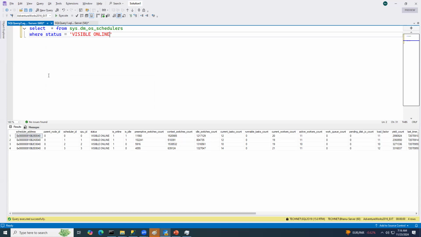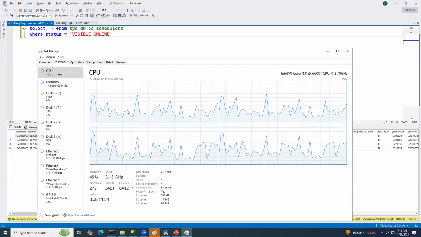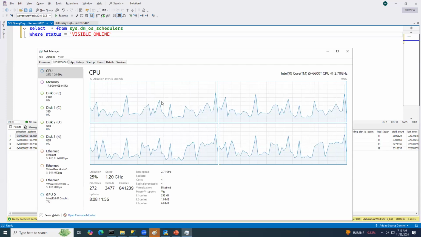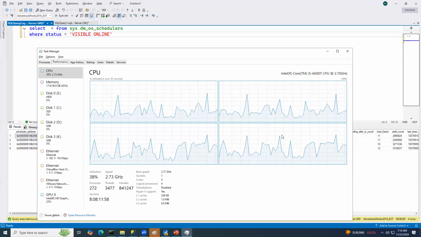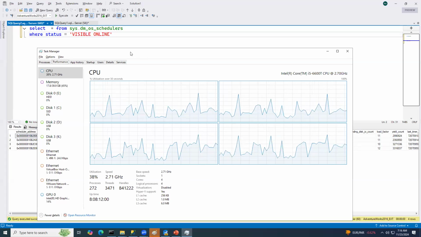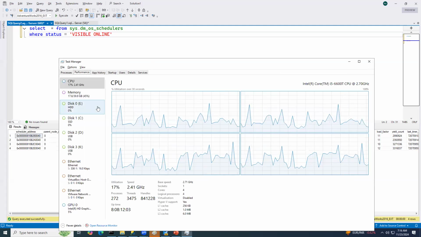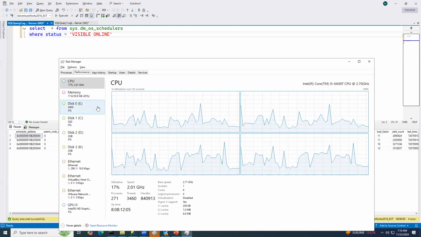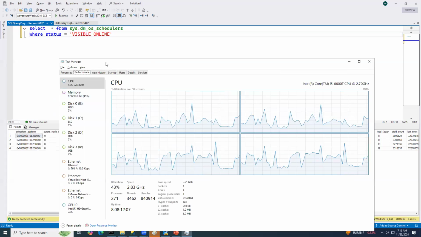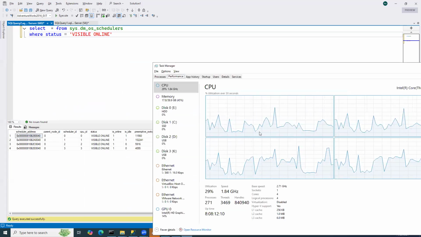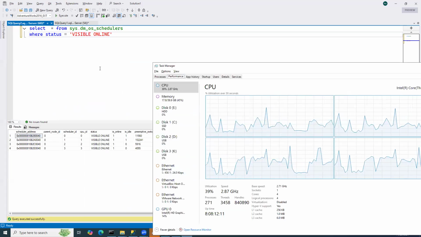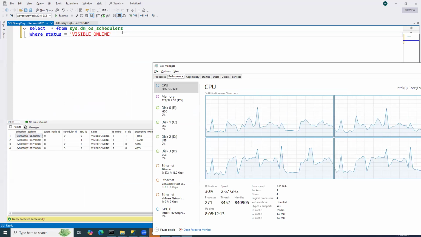For now, understand that whatever CPUs I have in the Windows server, every query executes on the CPU, right? Whatever queries you are executing on SQL will go ahead and execute on the CPU. But how does SQL Server understand that there are four CPUs? We have something called schedulers, right?